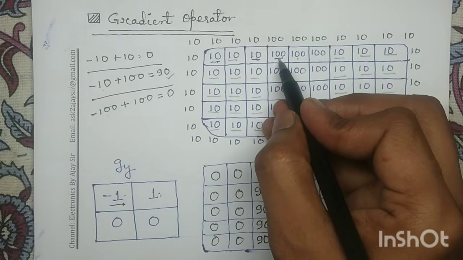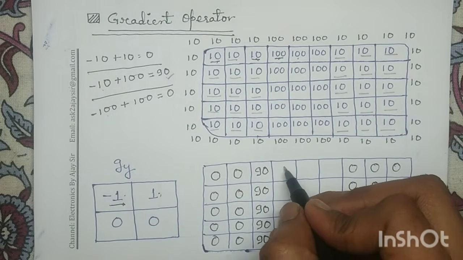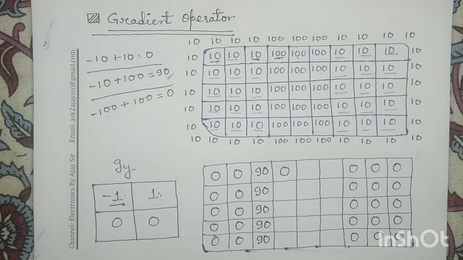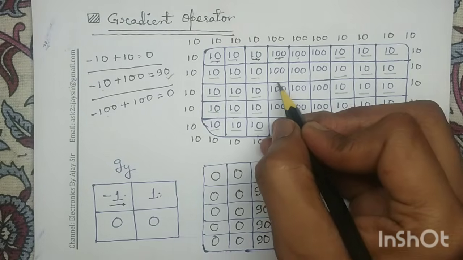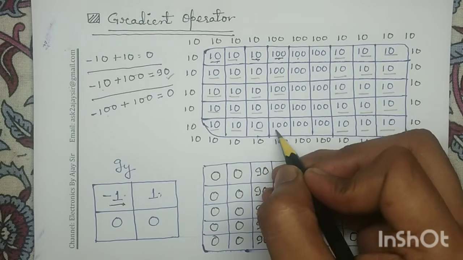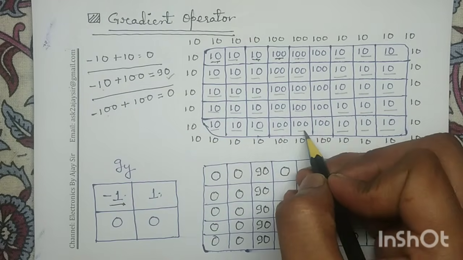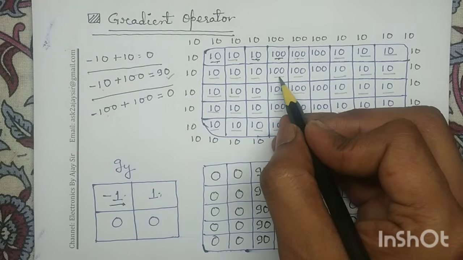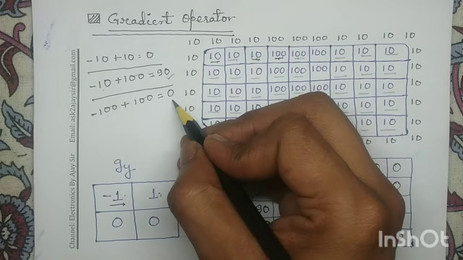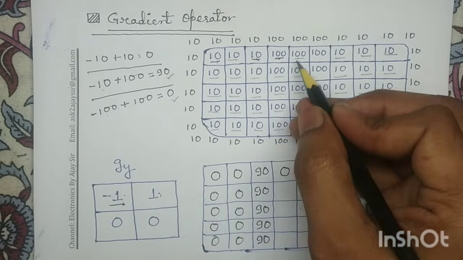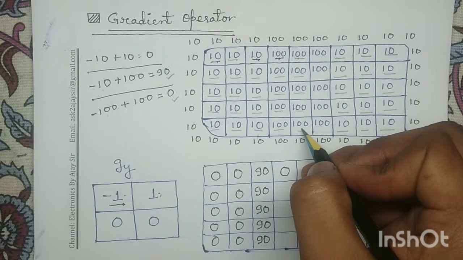So for this particular pixel, we have determined the response, that is equal to 0. In the similar manner, if you determine the response for these 4 pixels as well as for these 5 pixels, you will get the same response, -100 plus 100, that is equal to 0. So let me write the response for these pixels, which is equal to 0.